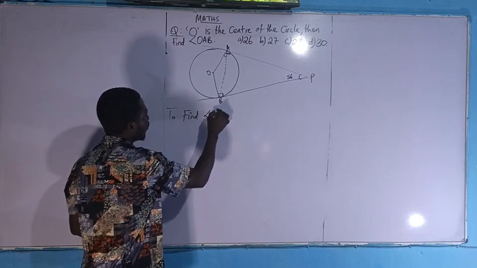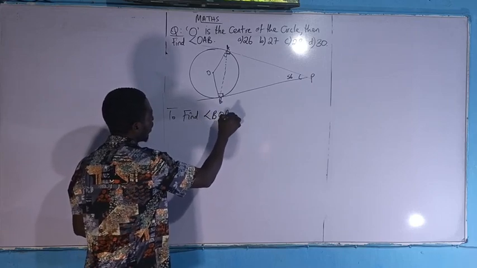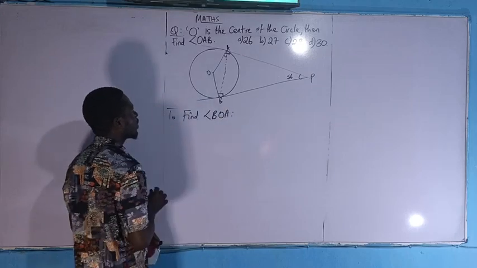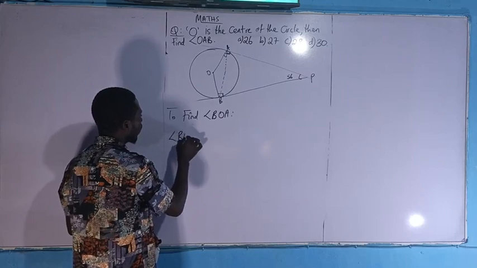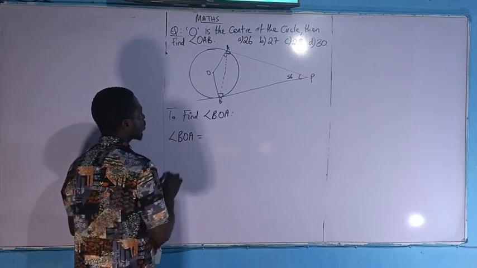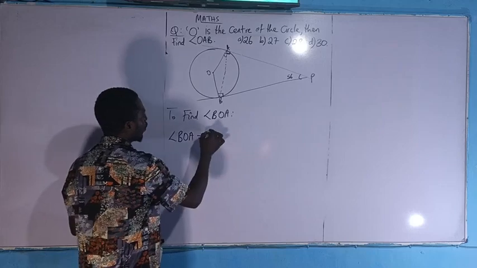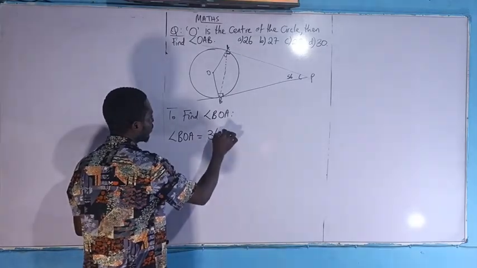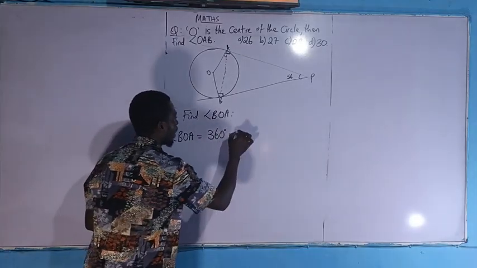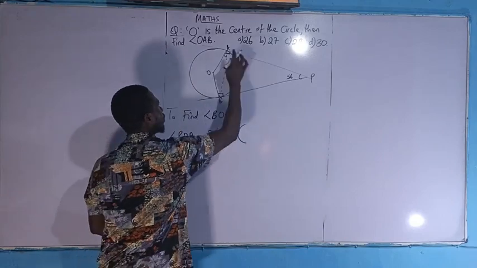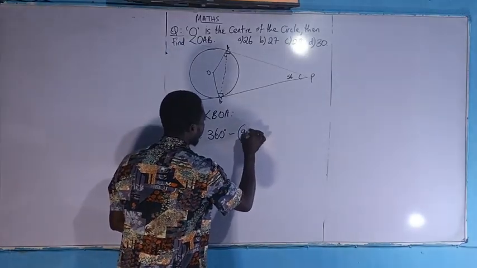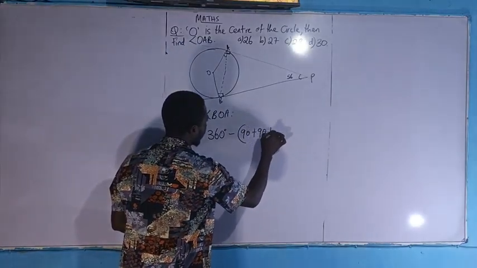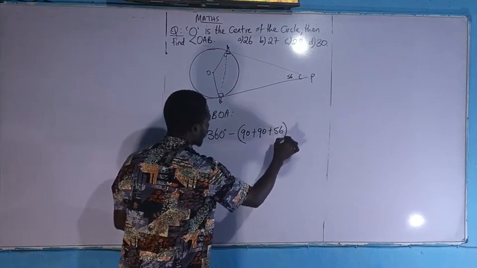So now to find angle BOA, we say that angle BOA is equal to 360 degrees minus the sum of these three angles, minus 90 plus 90 plus 56.